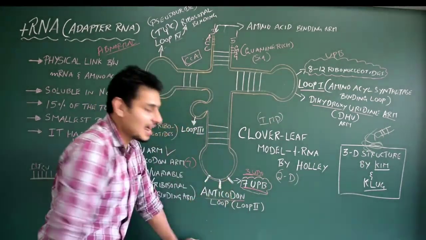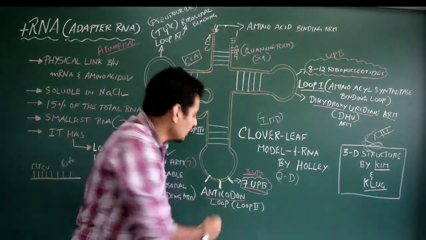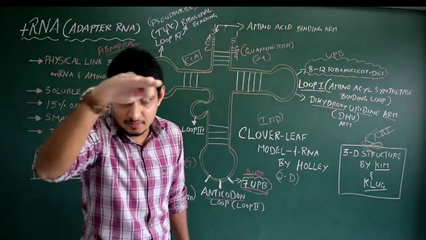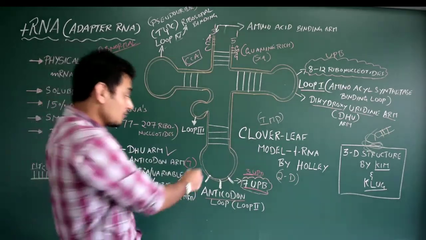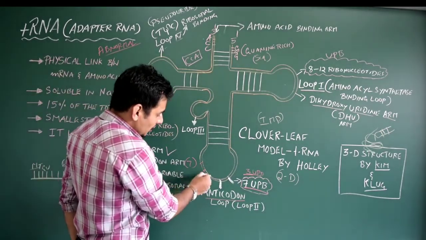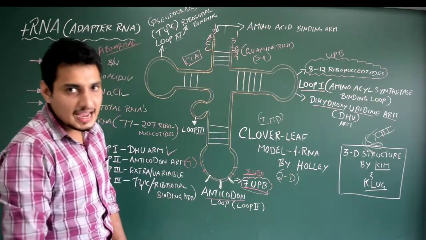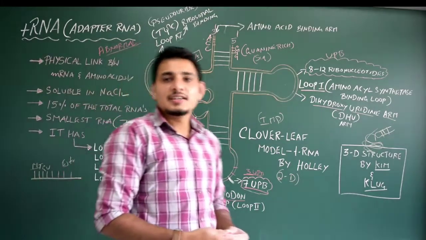So that is called the anticodon. Each tRNA has specific anticodon sequences, specific 3 unpaired bases, called anticodons. Out of 7, only 3 act like the anticodon. They are specific. So this initiates translation.